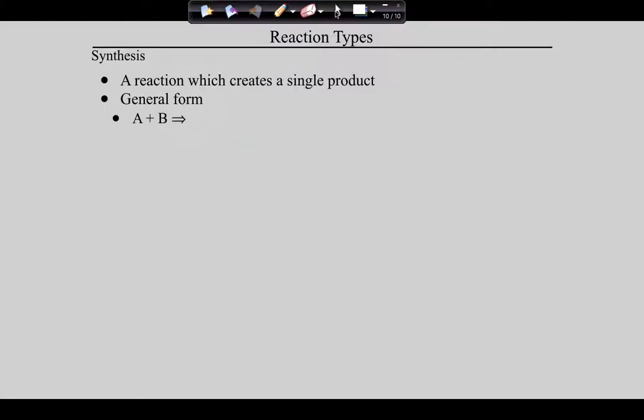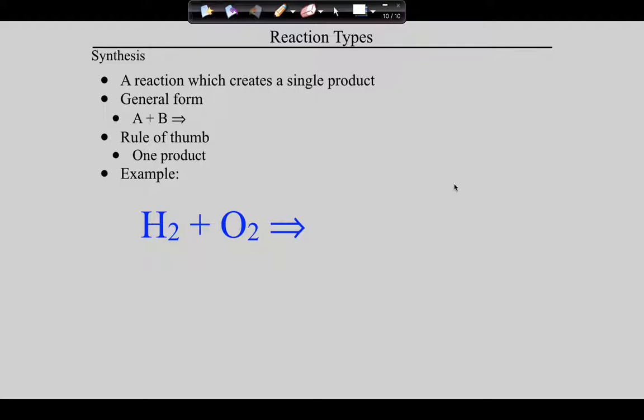So guys, what makes these reactions unique? They have one product. So, let's look at an example. Let's look at a very simple example. Doesn't get much simpler than hydrogen and oxygen.